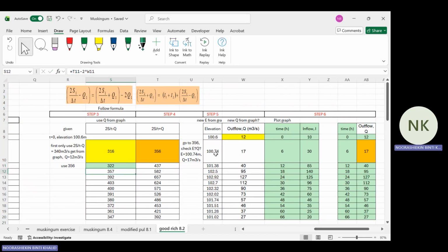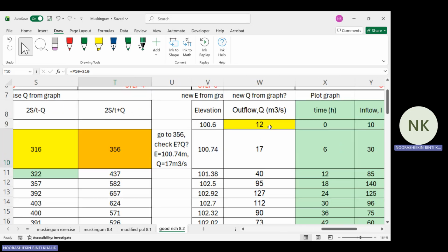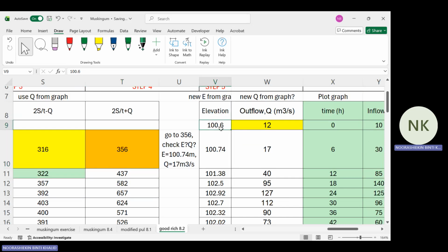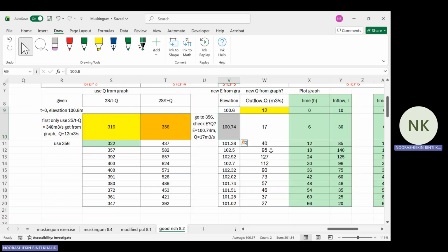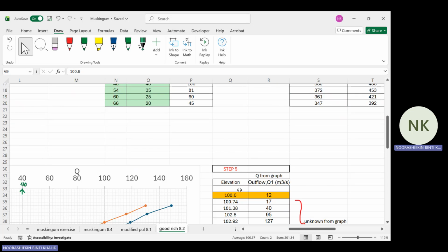Okay, and then step number 4, just drop down. So go to the graph, okay, step number 5, go to the graph, and then you can find out this one, 100.6, 100.74, and then 12 and 17. Okay, and then follow up, meaning that you have to check with your graph.